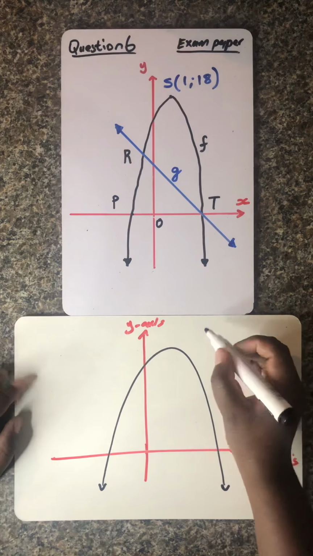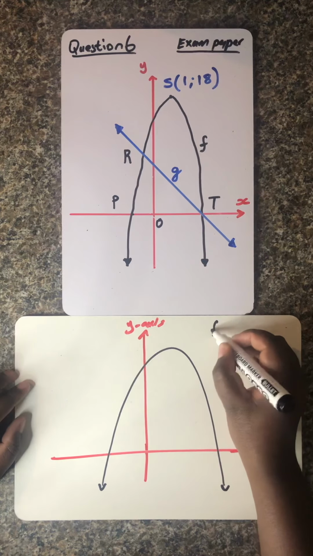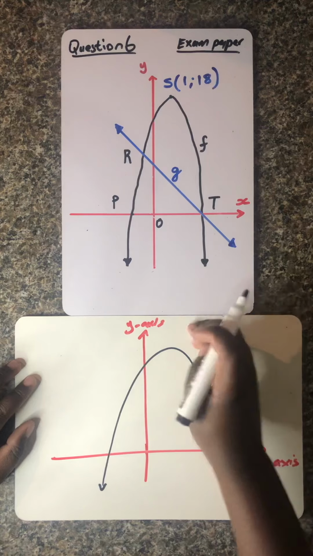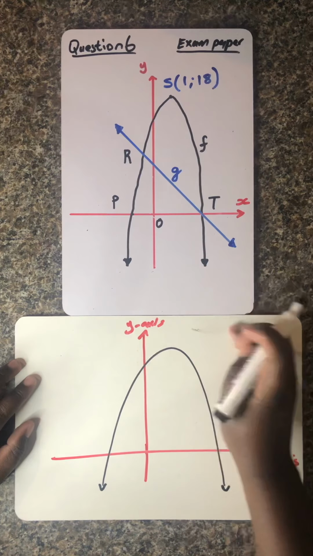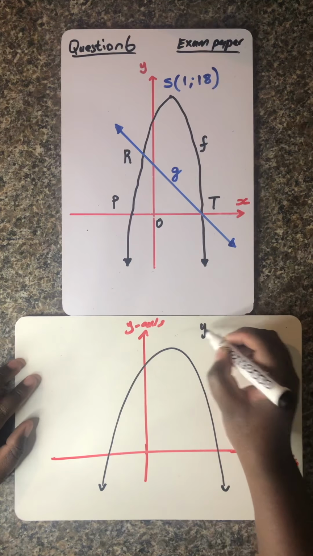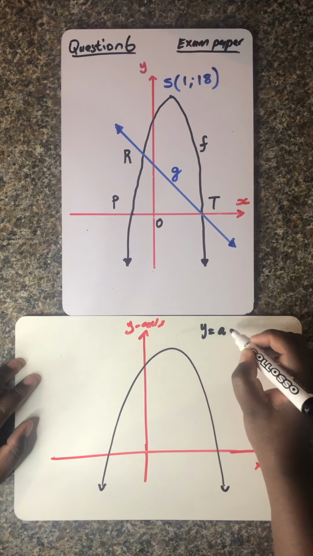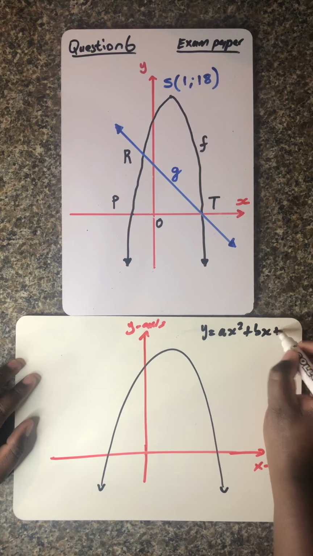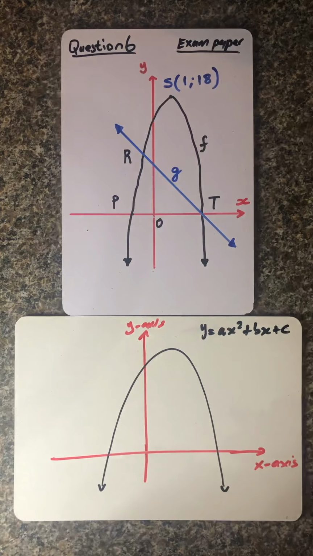Okay, and the general formula for a parabola we know. Let me not specify f, and just write the general formula: y = ax² + bx + c. Okay, very important, ladies and gentlemen.